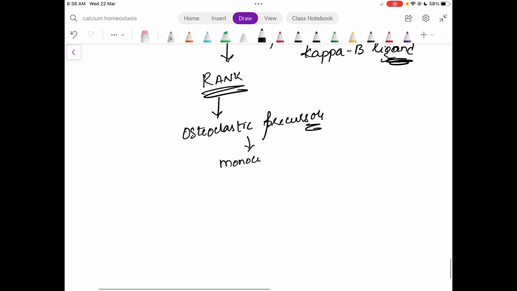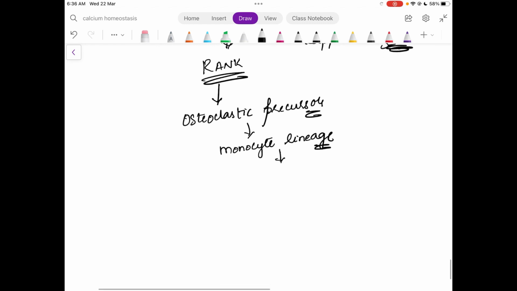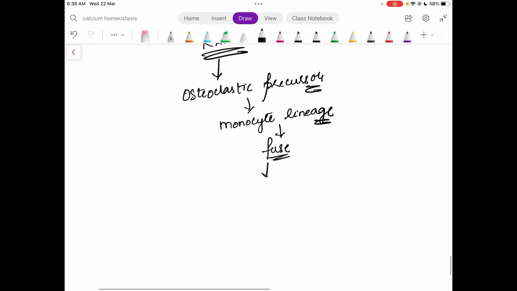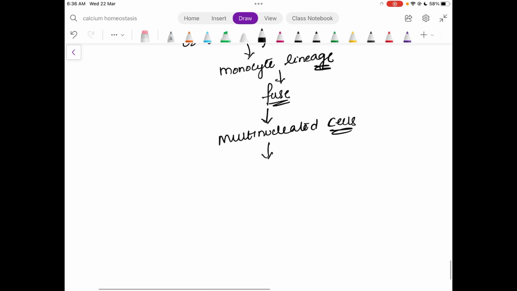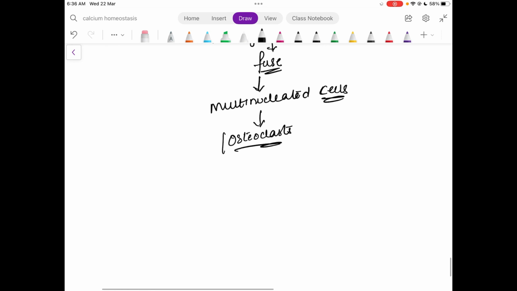These osteoclastic precursors are of monocyte lineage. And these precursor cells will fuse and form multinucleated cells, and these multinucleated cells are called osteoclasts.